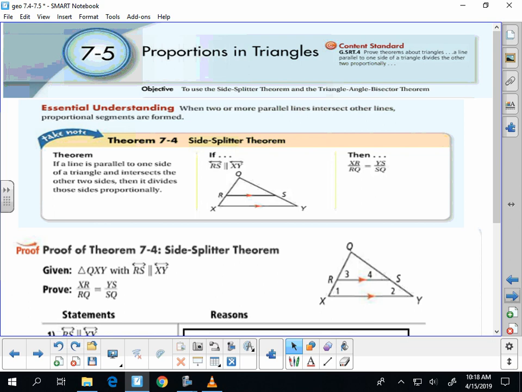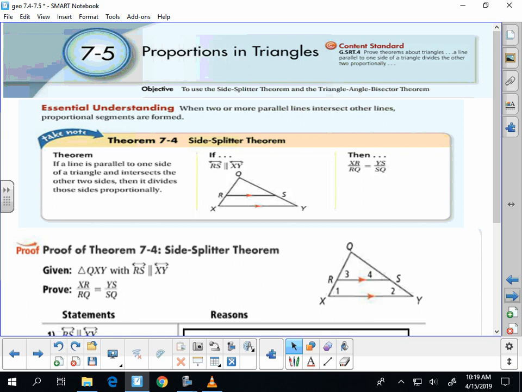The side splitter theorem says if you have a parallel line inside of a triangle, that line is going to divide the sides up proportionally, or in math terms, if a line is parallel to one side of a triangle and intersects the other two sides, it divides those sides proportionately.